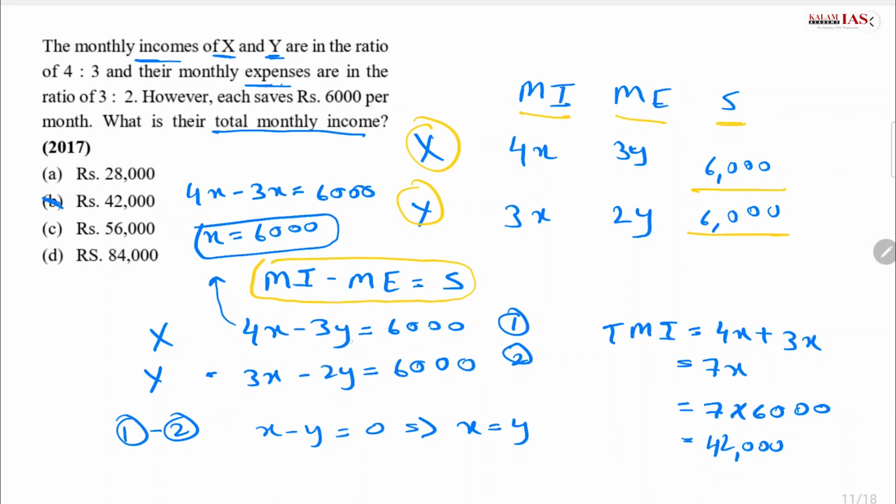For X it is 4x minus 3y, and for Y it is 3x minus 2y. On solving these equations, we find x equals 6,000. So total monthly income equals the income of X plus Y, which equals 7x, that is 42,000 rupees.